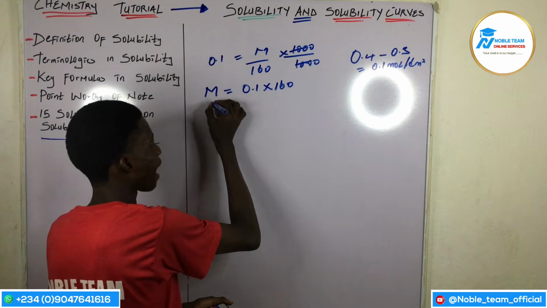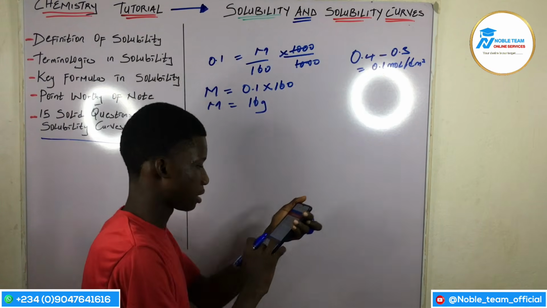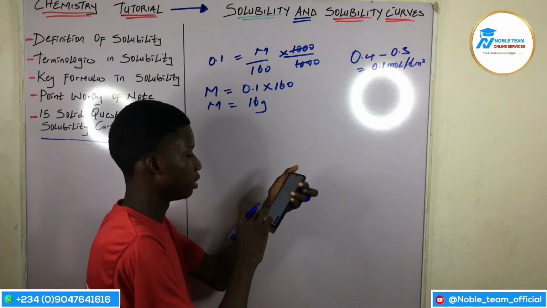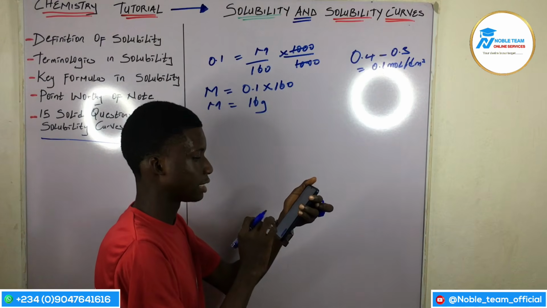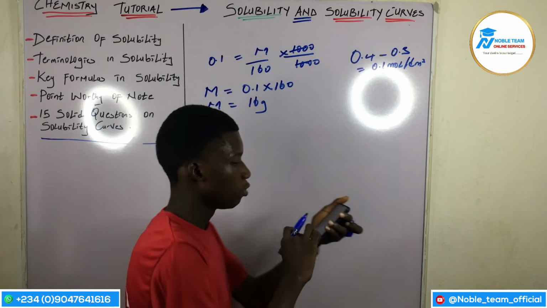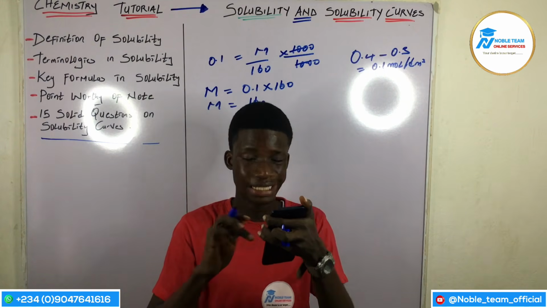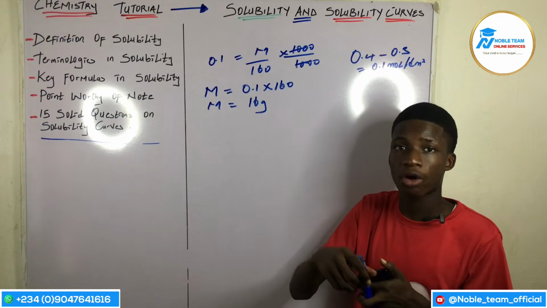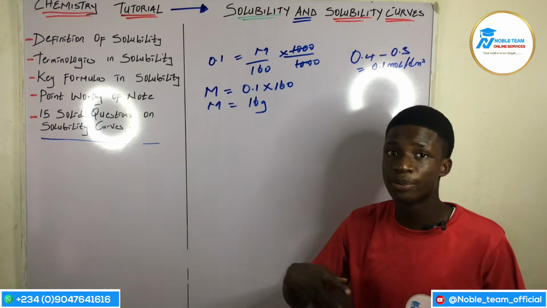If you multiply this, I think it will give you something around 16 grams. Let us multiply so we can be sure of what we are saying. 0.1 multiplied by 160, yes, 16 grams. Which option is correct? Now we have option D to be correct. Just take note of the point that I just said, that we are considering temperatures in the question once a graph is being given to us.